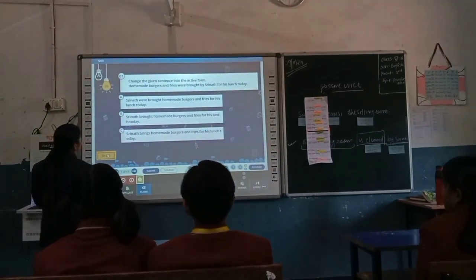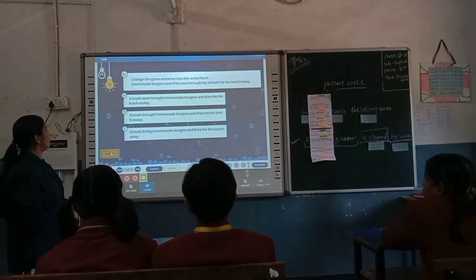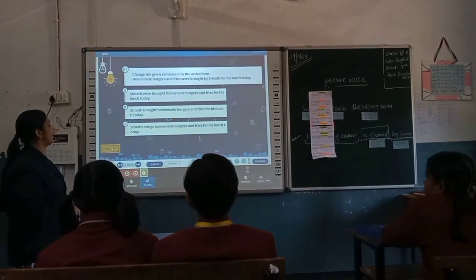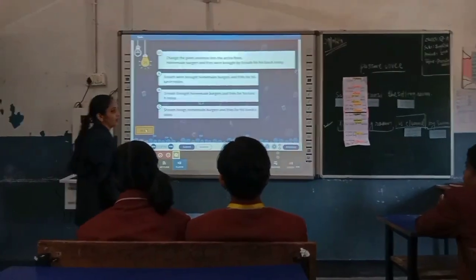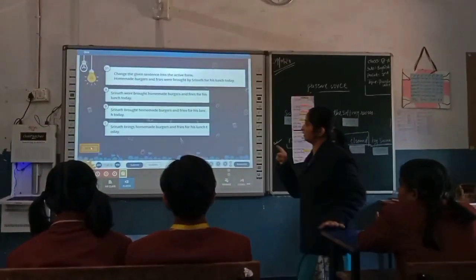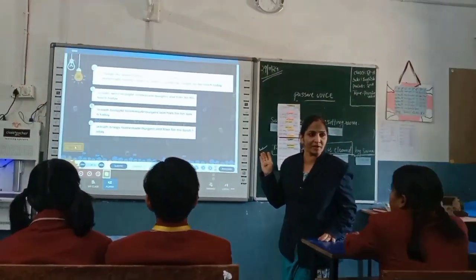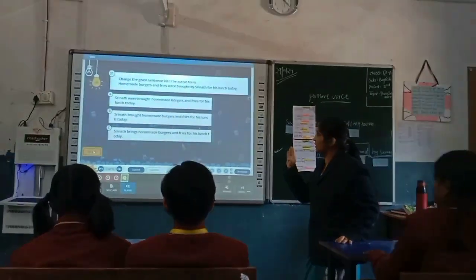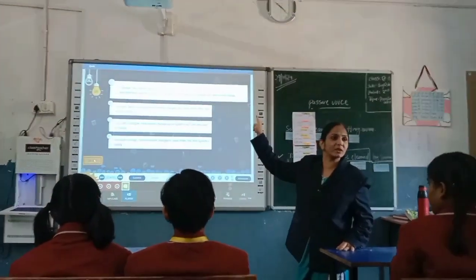Change the given sentence into active form. Homemade burgers and fries were brought by Srinath for his lunch today. Which is the right option? First one I am helping you. Fries were brought. It is in which tense?